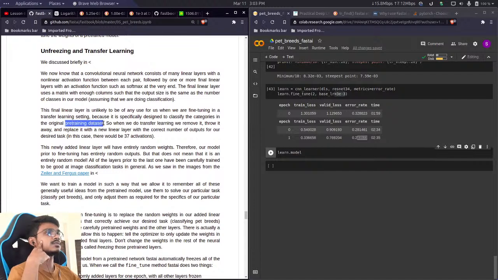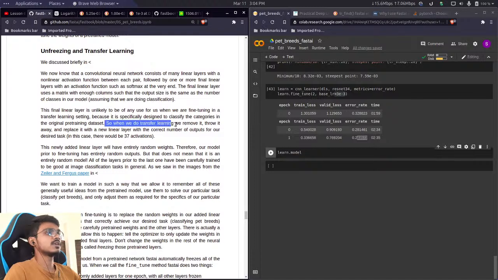That final layer was used for classifying those 50 categories. So it is said over here that this layer is not necessary because it is not apt for our use case. We want to classify 37 categories, and those final layers are fine-tuned for those 50 categories.